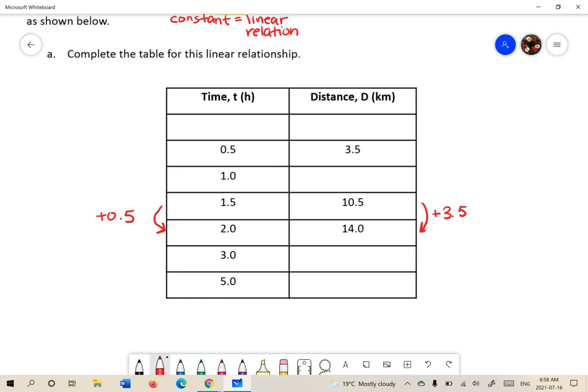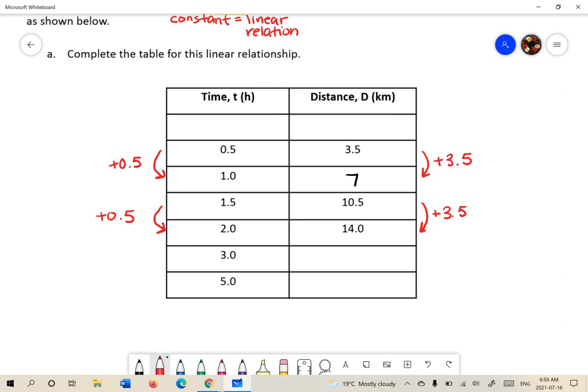So when X is increasing by 0.5, I know that Y is increasing by 3.5. So 3.5 plus 3.5 is 7. I'm going to use the same pattern here.